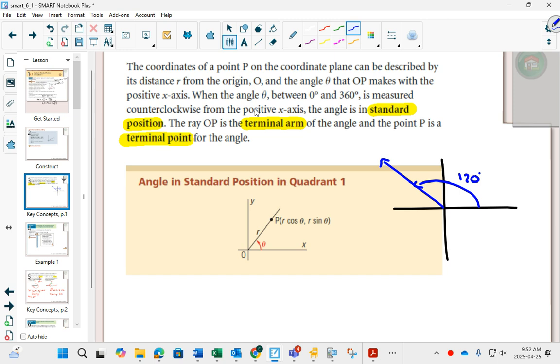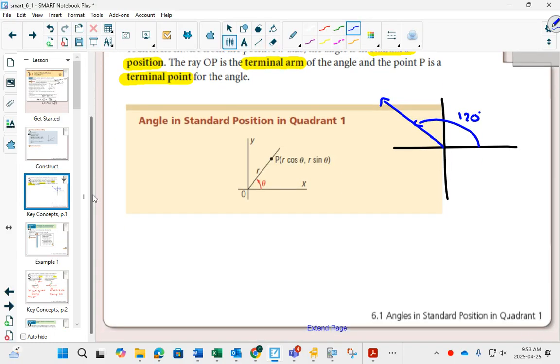That would be 120 degrees. If someone said 120 degrees, I would never draw it like this. Even though that angle is 120 degrees, this is 120 degrees in standard position, the blue. This is 120 degrees, not in standard position. So we want to have a basis for talking about something when it's in standard position.